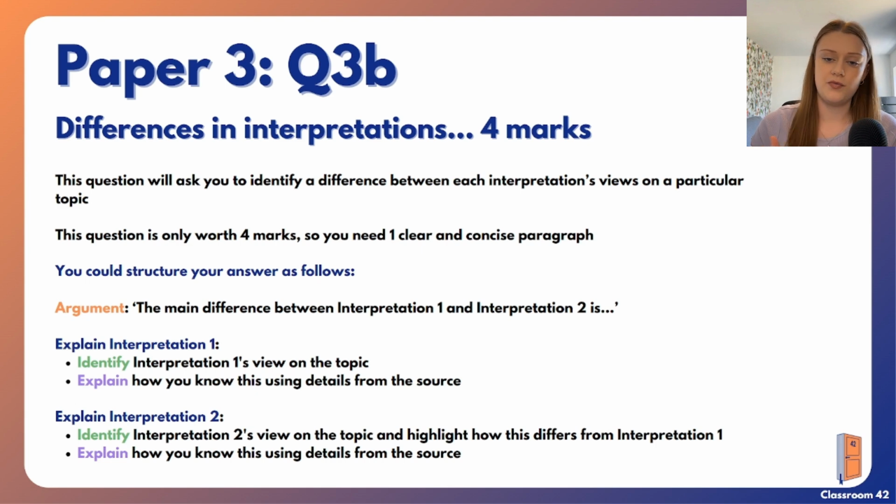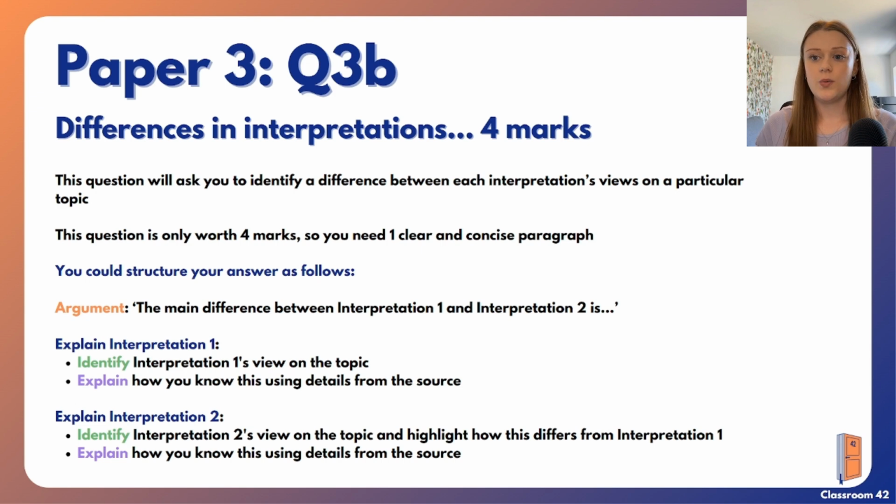It's often more of a first-hand account or a bit more of a recent account, whereas our interpretations are often written by historians or people quite after the event or after the time who are giving sort of more secondary opinions on what happened.